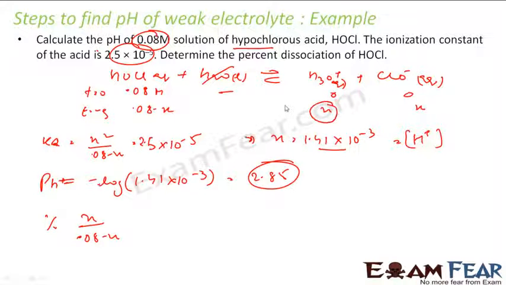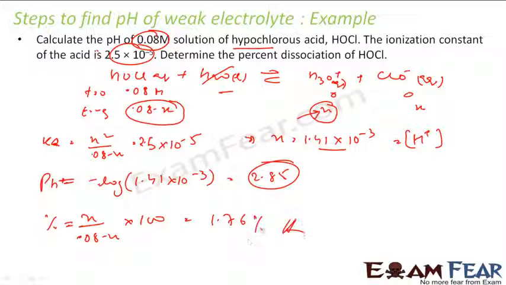This is the number of H3O plus ions dissociated by the number of HOCl undissociated. So this will be x by 0.08 minus x into 100, because I'm looking for percentage. So you solve this, you get 1.76%. Put the value of x, you get 1.76%. That is that.